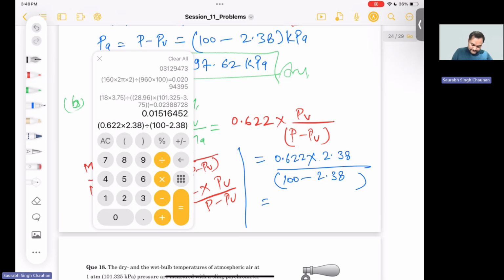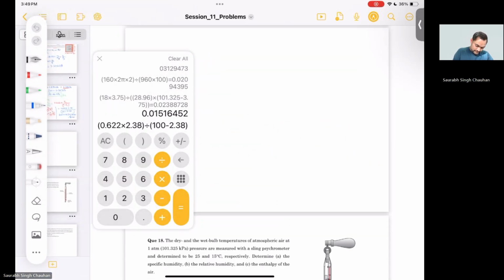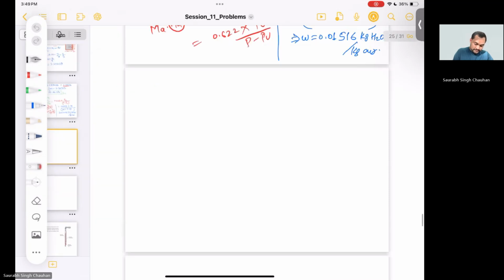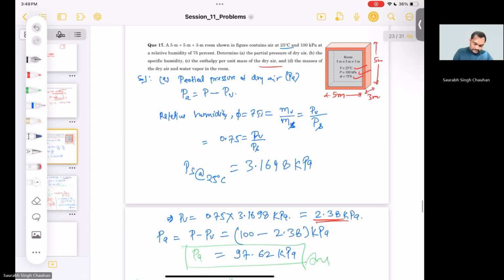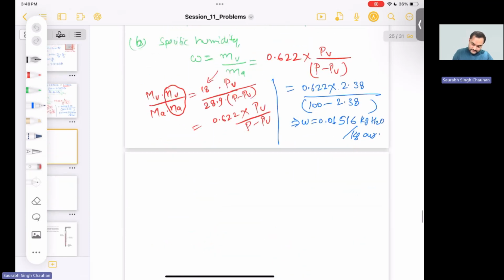So we are getting 0.01516 kilogram of water vapor per kilogram of dry air. So this is the specific humidity.